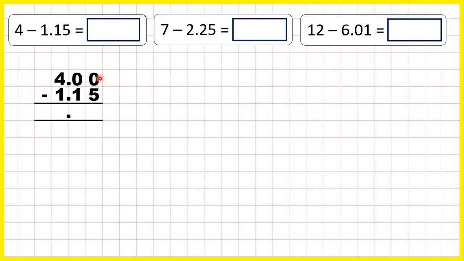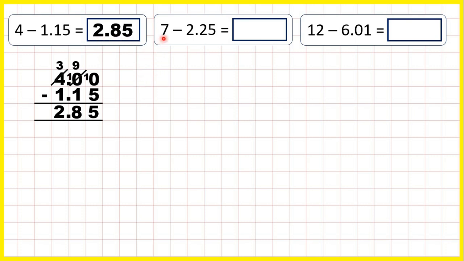We can't do 0 minus 5, and if we look across to the tenths column, we have a 0, so we need to go all the way over to our ones column, 1 less, 1 in front, so now we have 10 tenths, 1 less is 9, and that gives us 1 in front of our 0 in our hundredths, so we have 10 hundredths. 10 minus 5 is 5, 9 minus 1 is 8, and 3 minus 1 is 2, so our answer is 2.85.